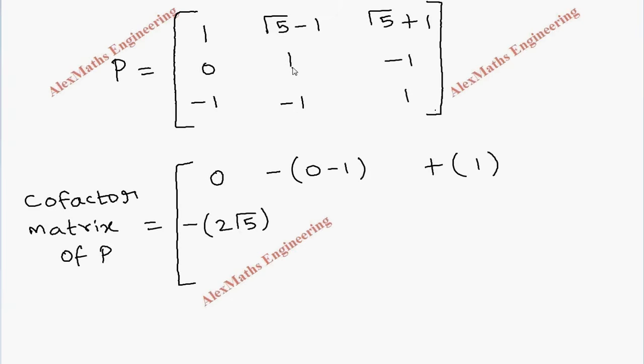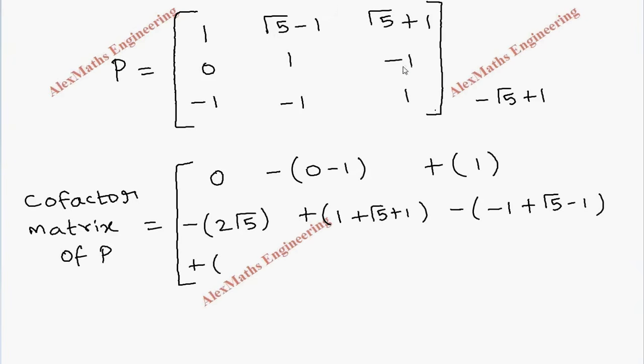Coming to the next, this element, we have to make plus 1, then plus root 5 plus 1. Then coming to this element, it's again minus, and we have to take these 4 elements, minus 1 plus root 5 minus 1. Then coming to the last row, we have to take plus, then product of this will be minus root 5 plus 1, then minus root 5 minus 1.